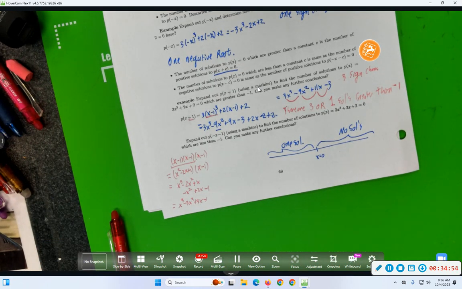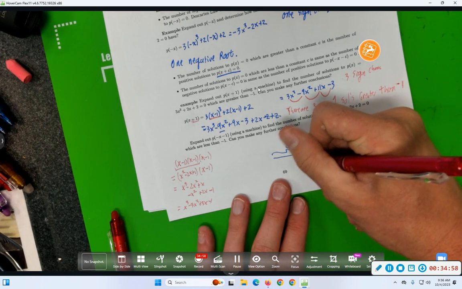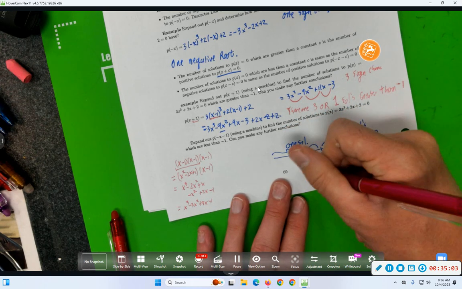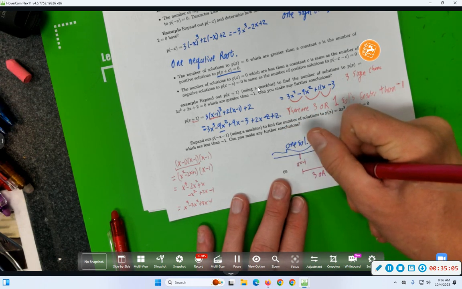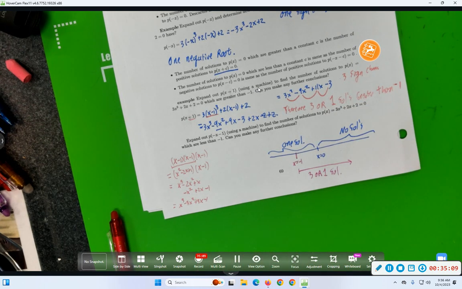So let's add that to the picture. To the left of -1, there are 3 or 1 solutions. Would it make sense for there to be 3 solutions bigger than -1?